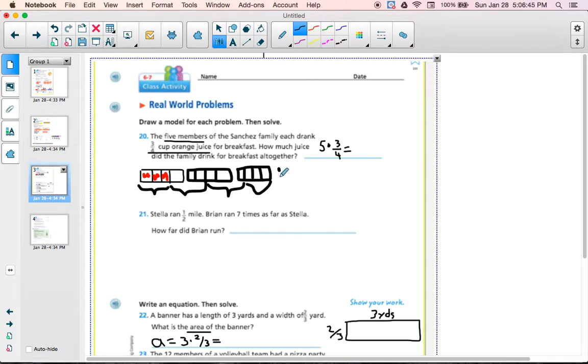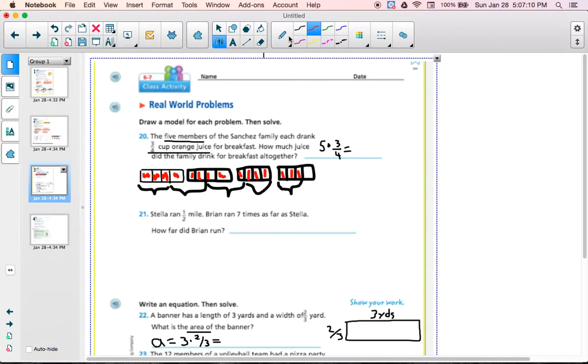I just need one more group of 3/4. 1, 2, 3, right there. Okay? Each one of these all the way up to there.